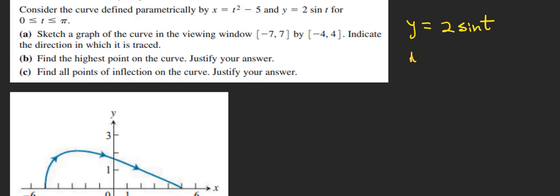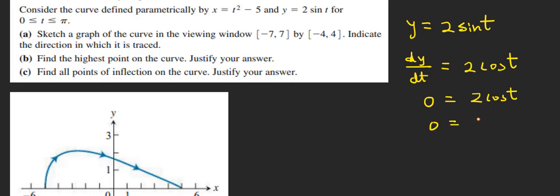And let's take the derivative of y with respect to t. So dy dt is equal to 2 cosine of t. Now, since you want to find the maximum, you want to set that equal to 0 and solve for t. So let's divide both sides by 2.